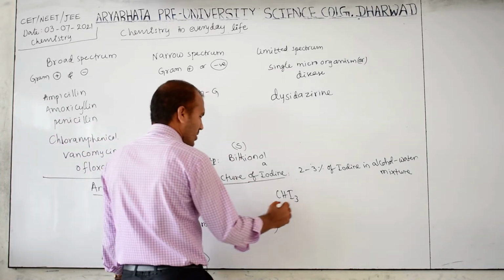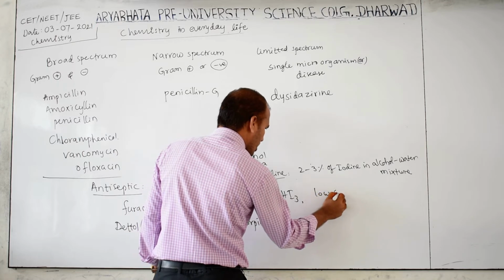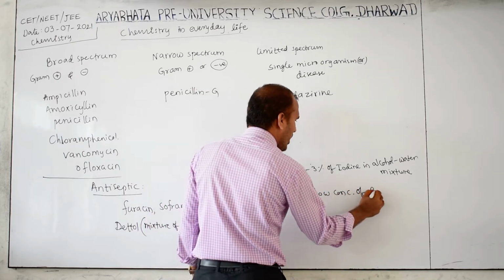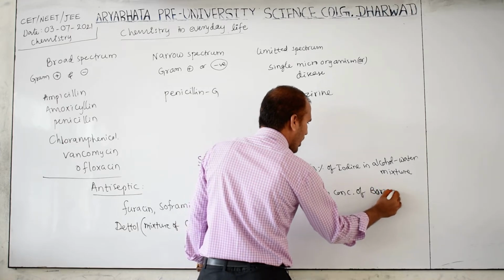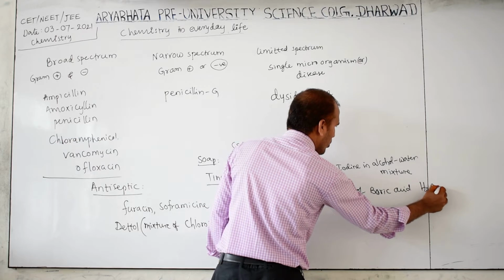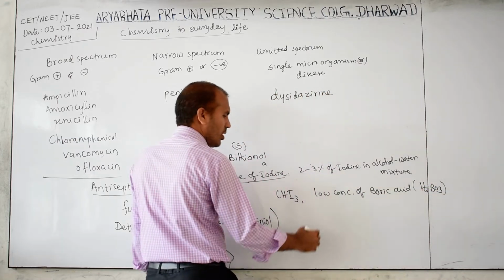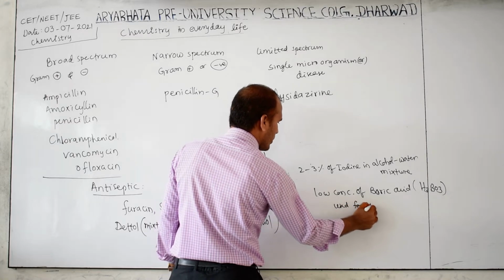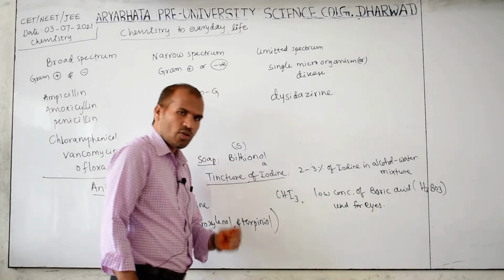Another one is low concentration of boric acid. Boric acid formula, you know that, H3BO3. It is used for eye drops or ear drops.